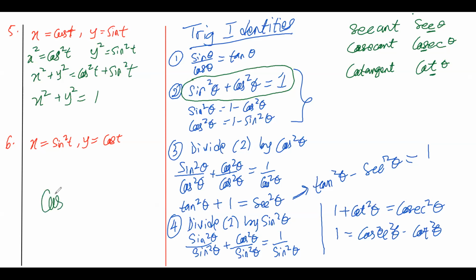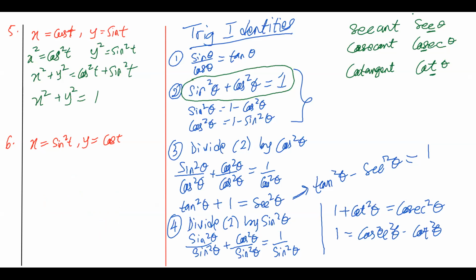So cos squared t, this is an angle. It actually means cos t raised to power 2. So they are not separated, it's 1. Okay, cos is a function acting on point t. Does that make sense? Yes, and x squared will be cos squared t.